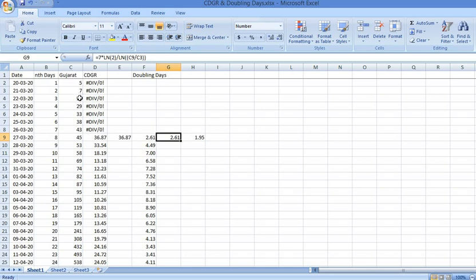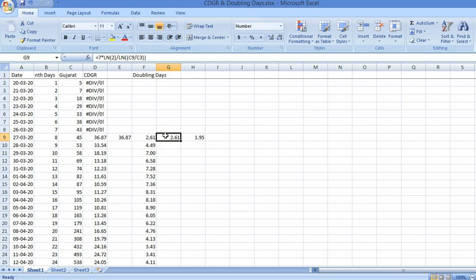Here we are taking into consideration 7 values rather than the 8 values which we took in the CDGR, so there is no minus 1 here. Today's cases divided by the past 7 days cases will give us doubling days. Here we can see the doubling days of 2.6, which means these 45 cases will take 2.6 days to become 90 cases. So this is the doubling days.